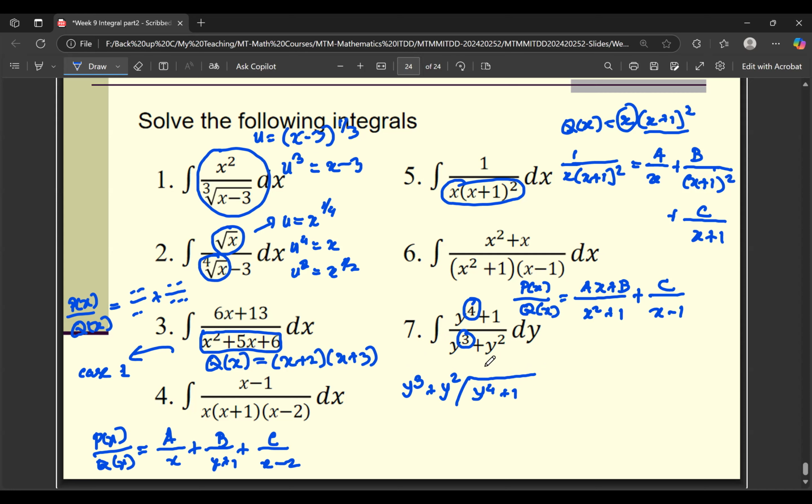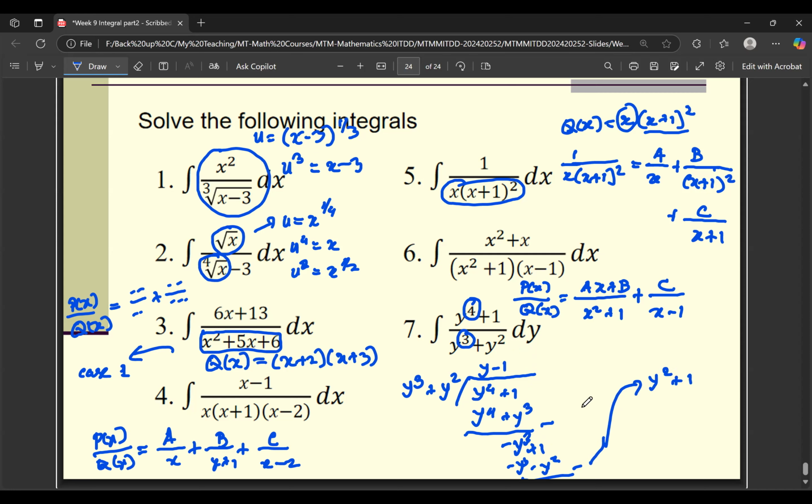So multiply by y, we have y to the power of 4 plus y cubed, subtract it, we have minus y cubed plus 1, and this must be multiplied by minus 1. This is minus y squared minus y cubed, and subtract them, we have y squared plus 1.